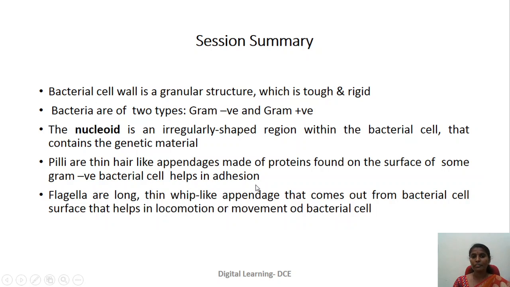Some special types of pili which aid in transfer of genetic material are called sex pili, and the flagella are long, thin, whip-like appendages that come out from the bacterial cell surface, and generally help in locomotion or movement of the bacterial cell.